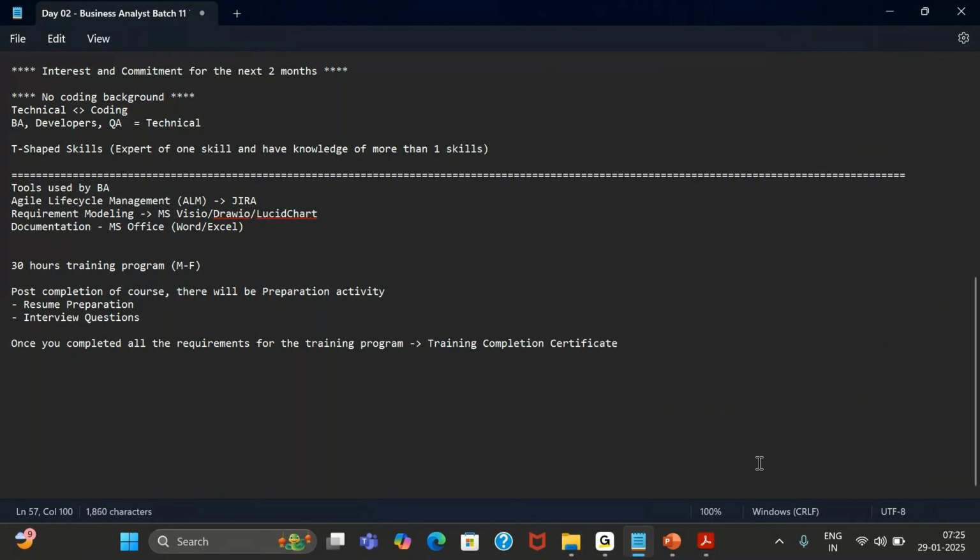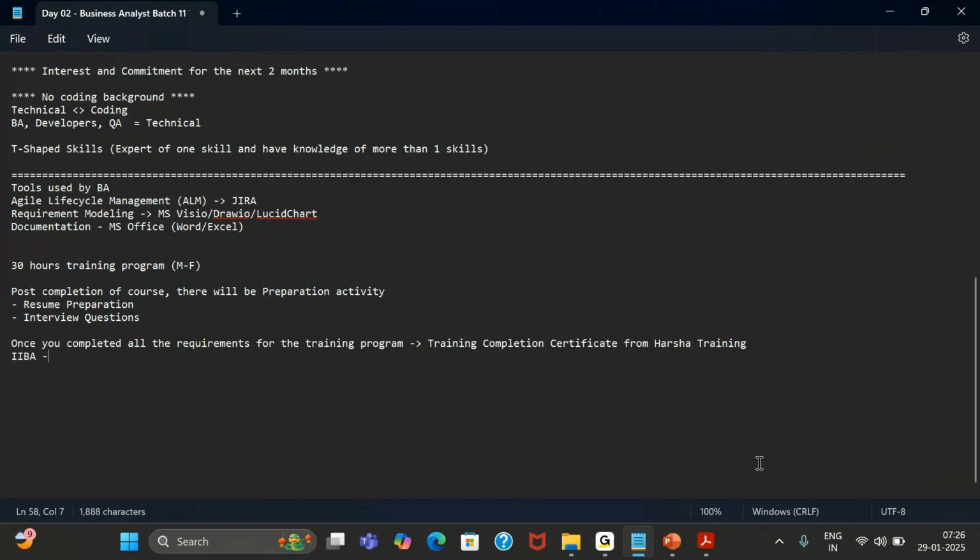You'll get a training completion certificate from Harsha Training that you have attended the business analyst training program and that you have successfully completed all the requirements associated with it. Now, this training completion certificate should not be misconstrued as the certifications offered by IIBA.